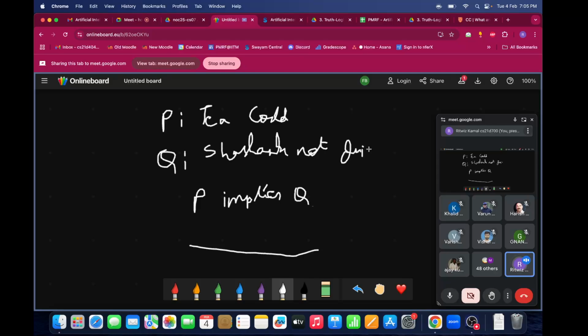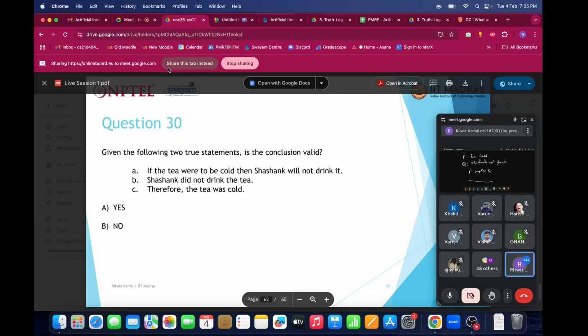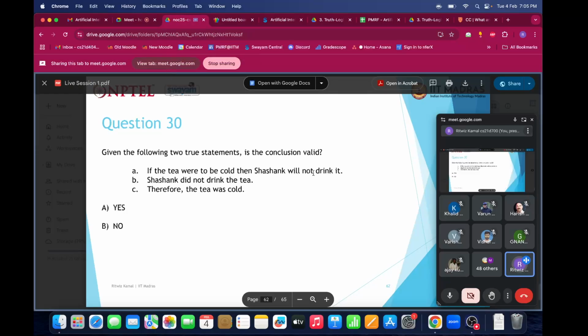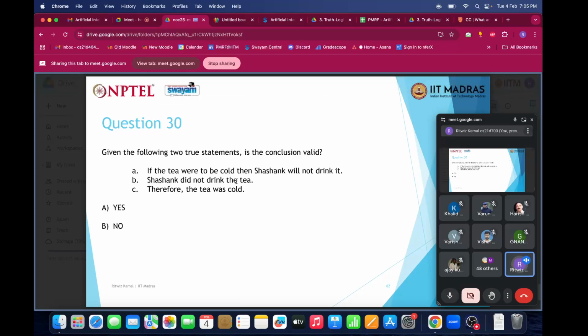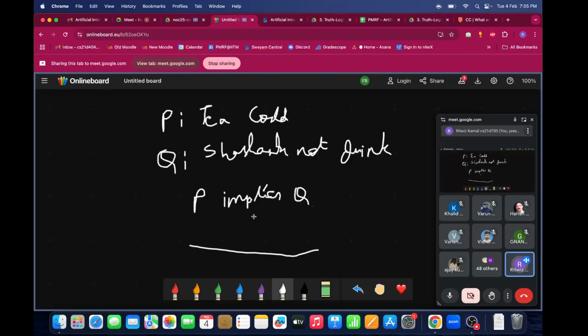Please excuse my bad handwriting. Okay, so again we are given that P implies Q, which is that if the tea were to be cold, then Shashank will not drink it. P implies Q. We are also given Shashank did not drink the tea. So we are given Q.